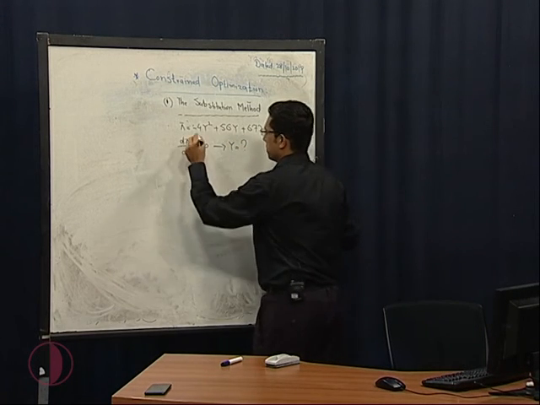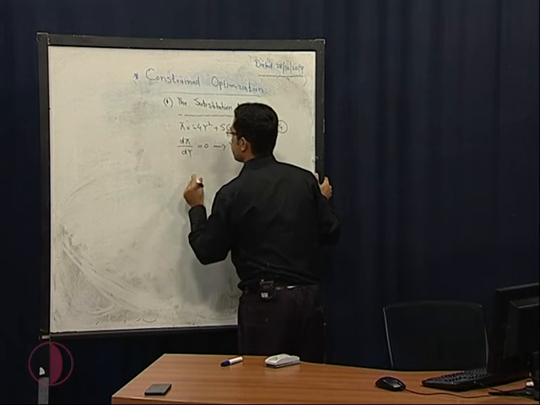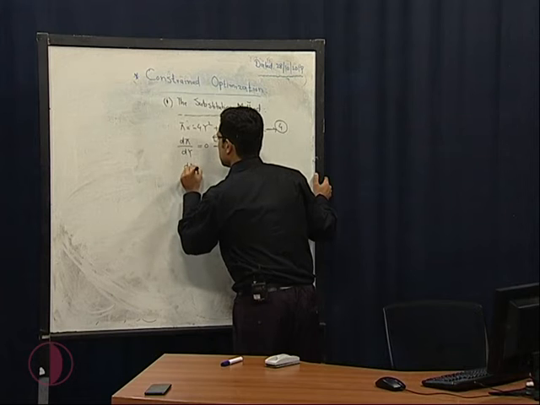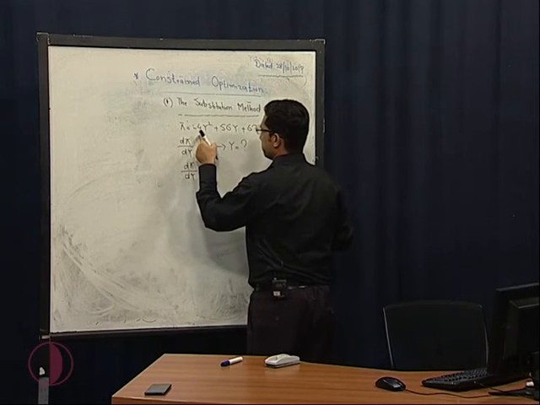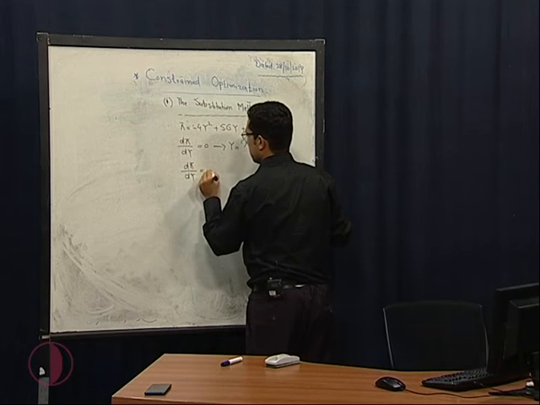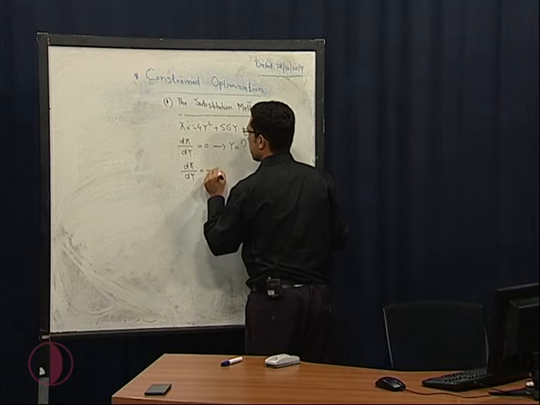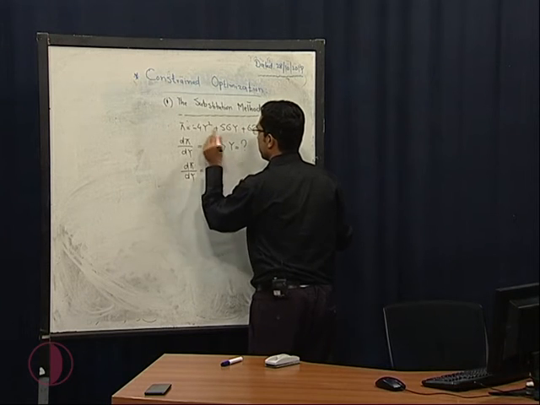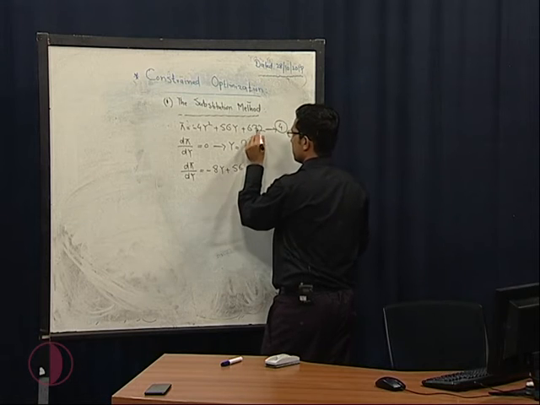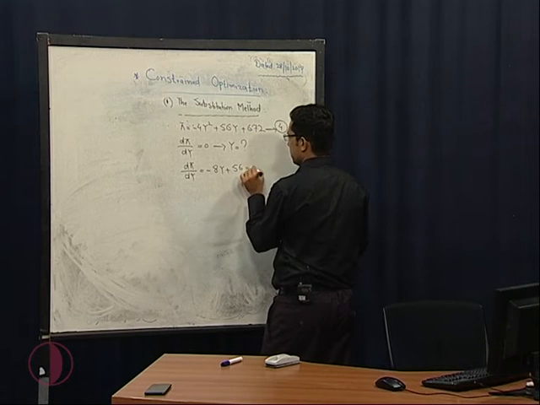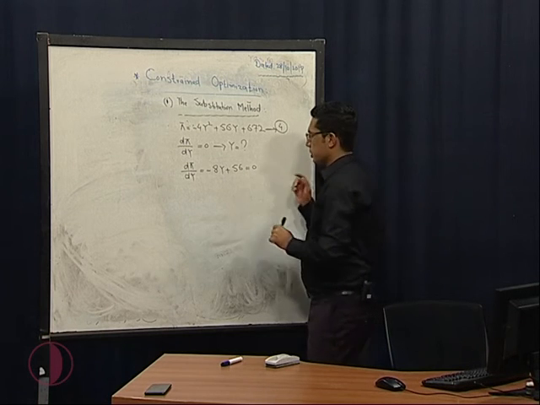How? Let me solve it. Taking the derivative of this profit function with respect to y, change in profit due to change in y, we get minus 8y plus 56, and the constant is equal to 0. So minus 8y plus 56 is equal to 0.